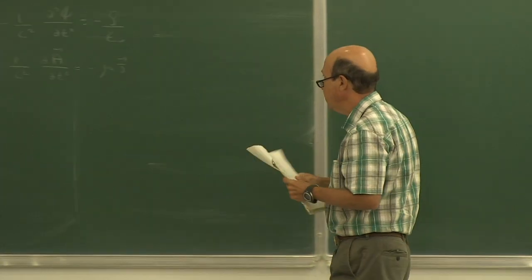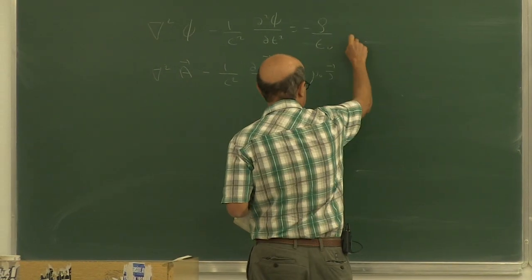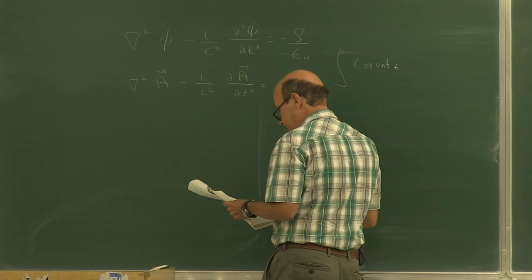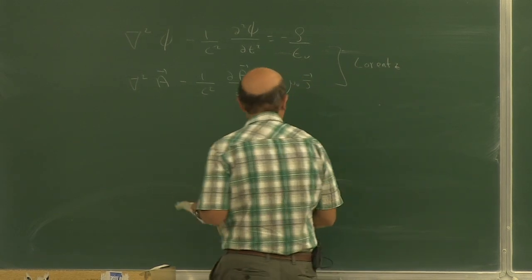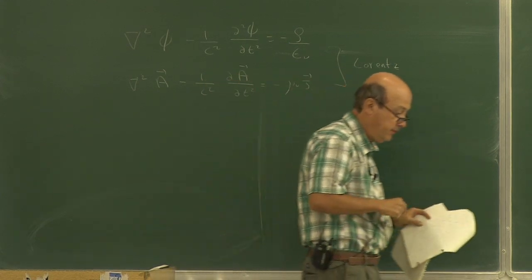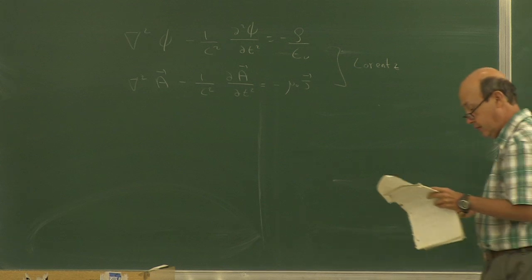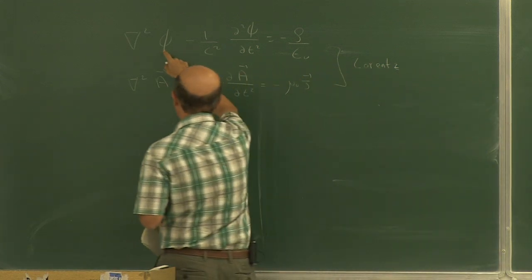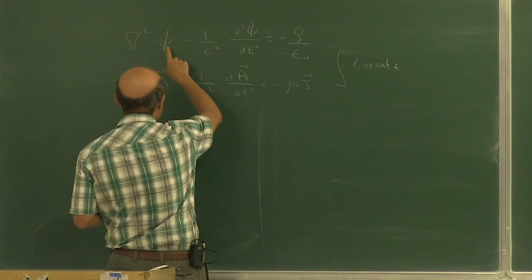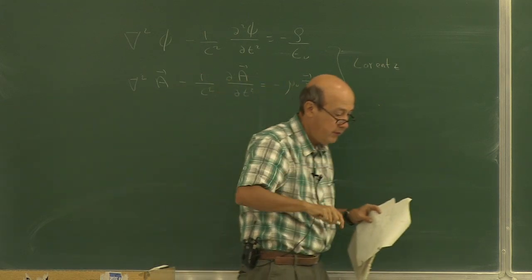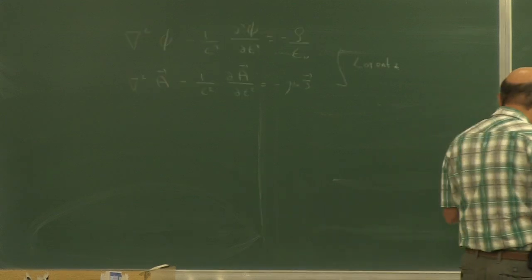Under the Lorentz condition, we decoupled them into differential equations, and they show up as non-homogeneous wave equations. One is the non-homogeneous wave equation for the scalar potential, the other is for the vector potential.